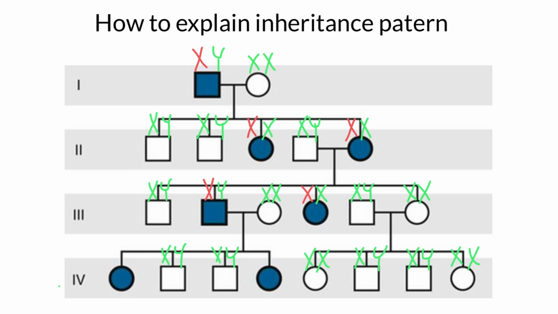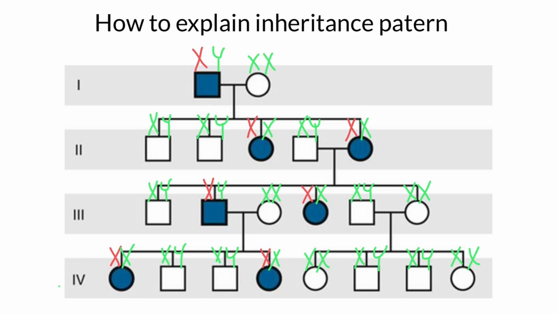But 100% of the female progeny are going to get one X chromosome from the father's side, and the father just doesn't have a normal X chromosome. He can give to his female progeny only this defective X chromosome, and the other X chromosome they're going to get from their mother's side, and still they're going to be affected because this is an X-linked dominant genetic disorder.